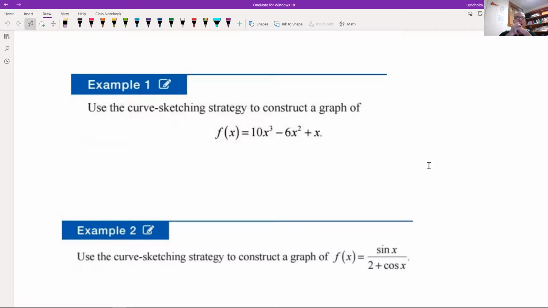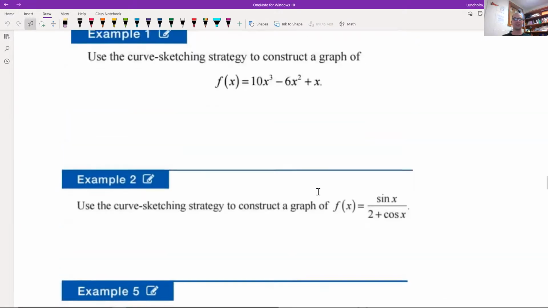Think about where it would cross, especially the y-axis. So, y-intercept. But yeah, with the intervals of increasing and decreasing and the concavity, try to sketch this as best you can. I'll try to do this quickly.